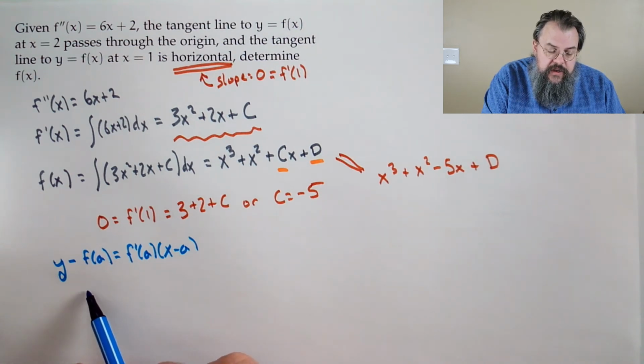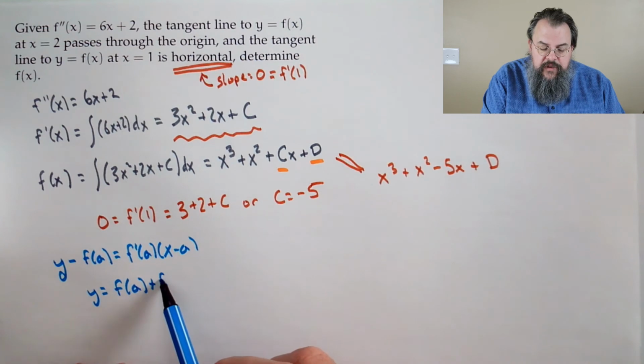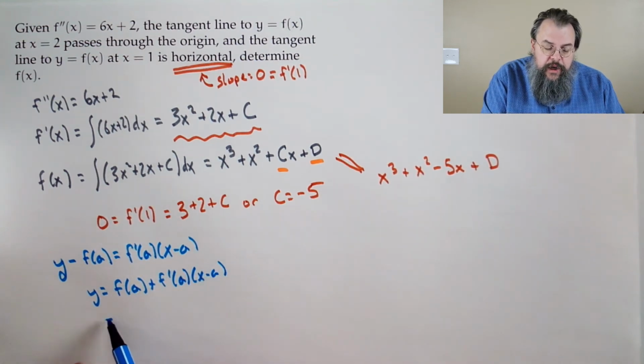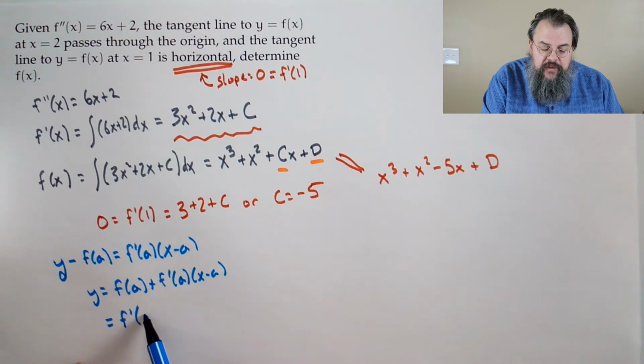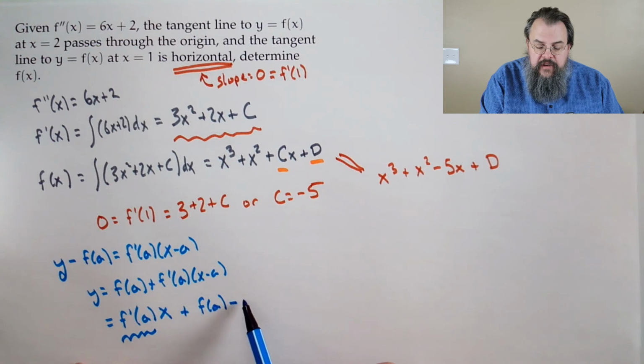Now you can rewrite this. Sometimes this is written as y equals f of a plus f prime of a times x minus a. That's one way to rewrite it. But for our purposes, it's probably nice to expand it. So it's f prime of a times x. So there's your slope, plus f of a minus a f prime of a.